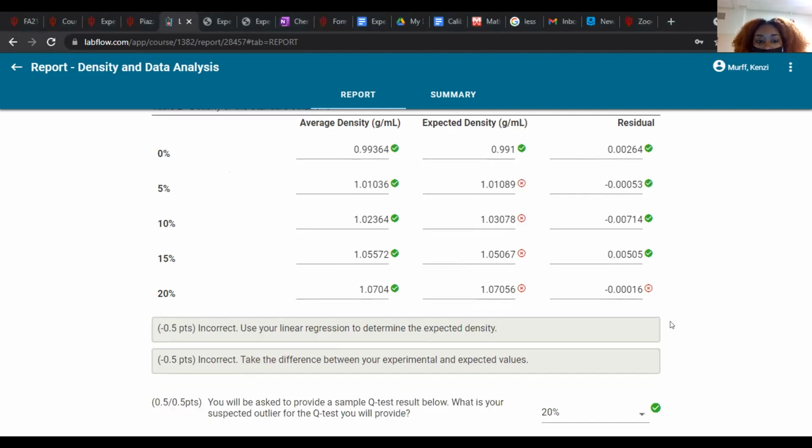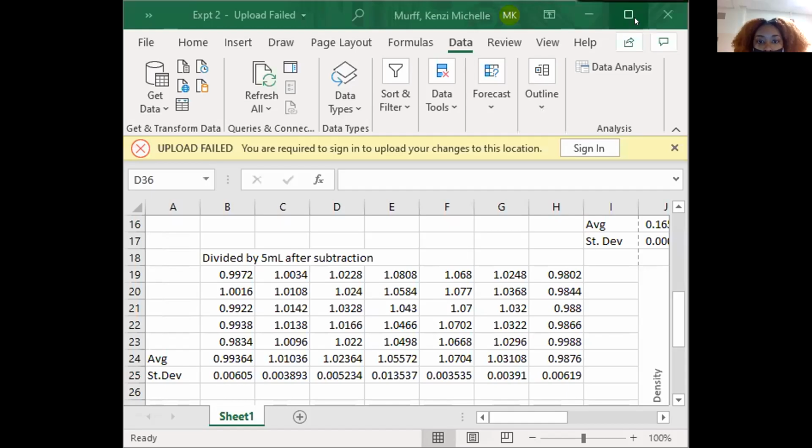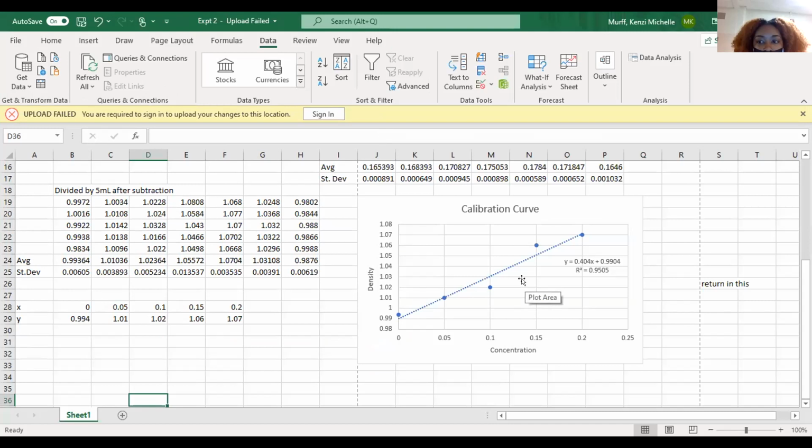Go back into Excel and try the values again, see how much they differ from the ones in LabFlow. So find the expected values again, and then see how much they differ from the values in LabFlow. Do it with 3 sig figs.